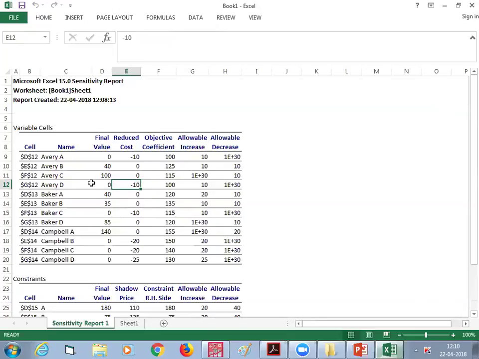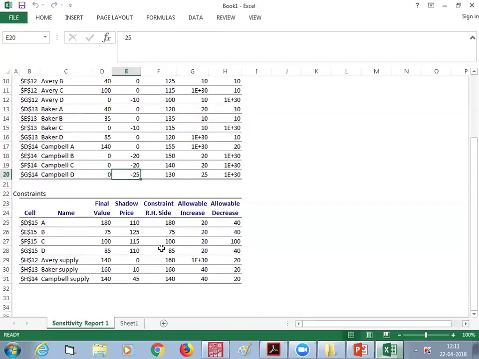For example, if we assign Avery to D, we're losing $10 of profit. If we assign Campbell to D, we lose $25 in profit. So it's like an opportunity cost. And in both these cases, the shadow prices are positive, so excess supply will not help here.